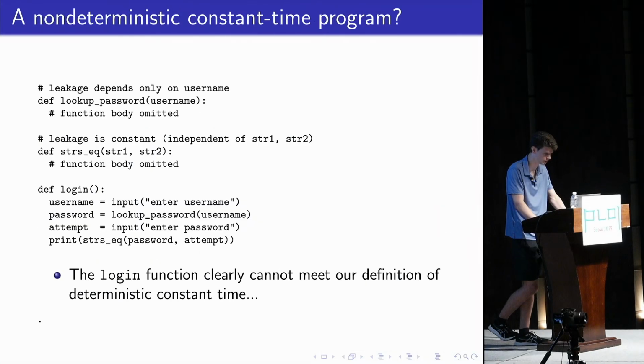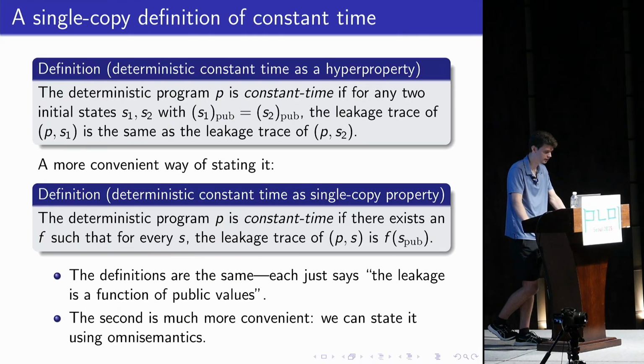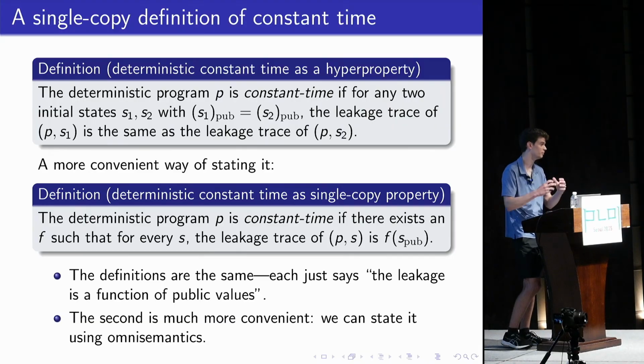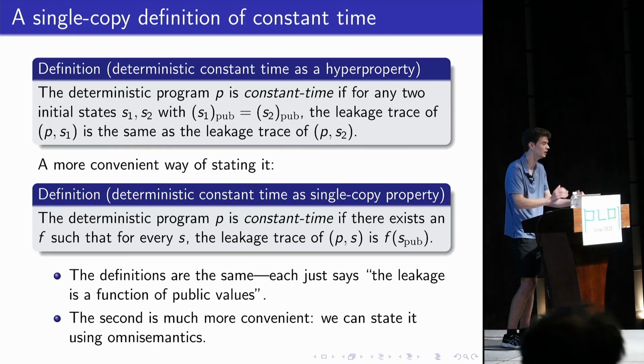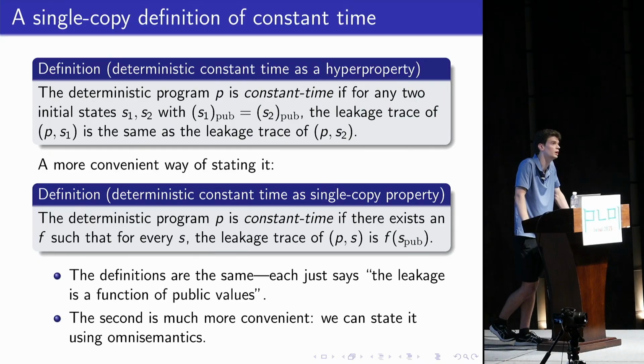The difference being that with constant time we have this extra data of the leakage trace, and you're saying that that's independent of secrets, whereas generally with formalizations of non-interference that I've seen, you just talk about, say, private parts of memory or some state that's already in the computer, and you just say that this final private part of the memory should not depend on the... Did that answer your question?